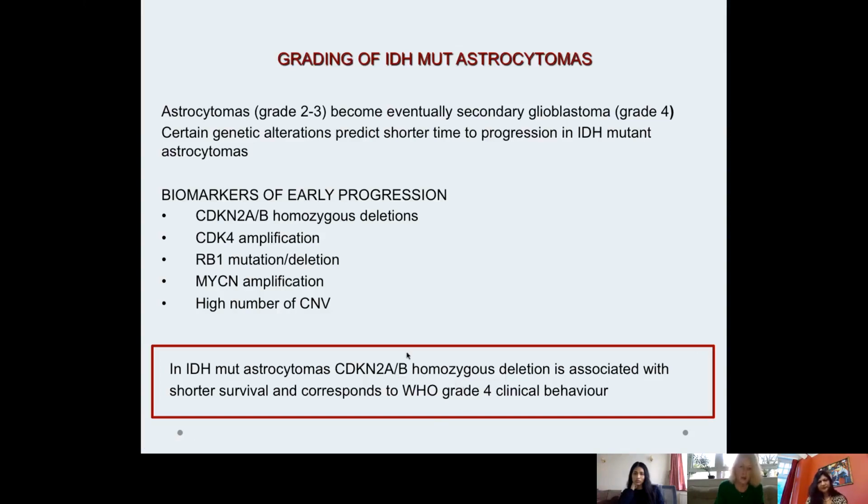In order to assess this deletion, it is necessary to use either molecular methods such as sequencing, or tissue immunohistochemistry, which could be assessed with the p16 antibody, is not reliable and therefore not recommended.